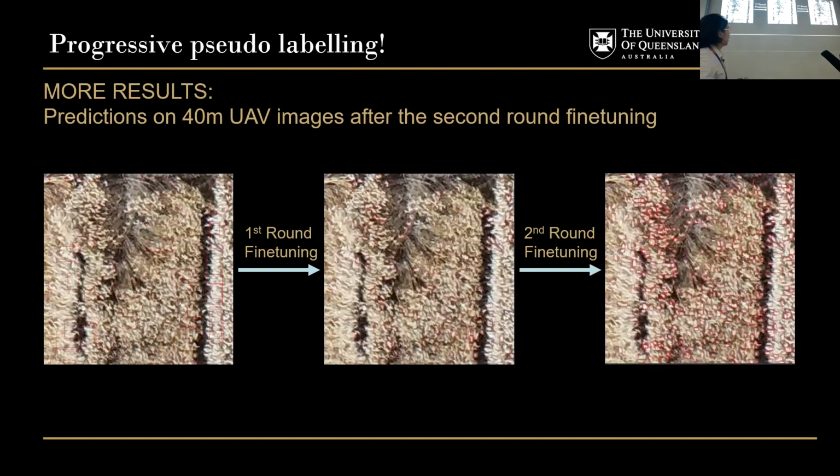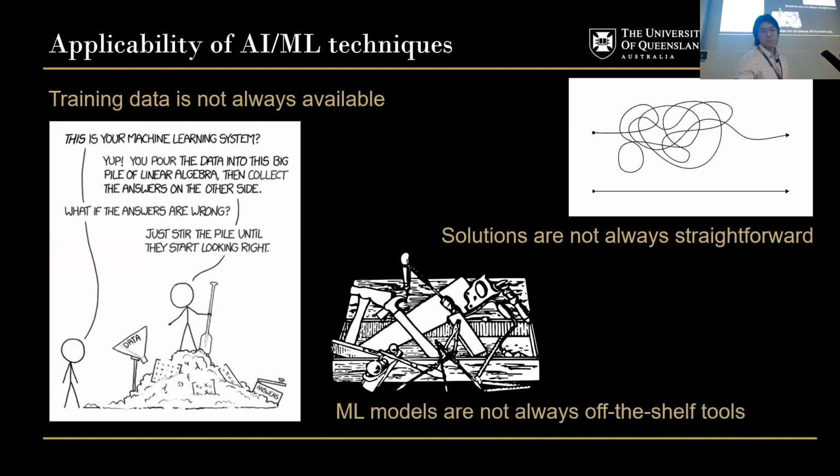We can also observe some improvement on the 40-meter high UAV images. At the beginning, there are just very huge bounding boxes and it's not accurate enough. After the first round of fine-tuning, we can already locate some wheat heads. And after the second round of fine-tuning, we get an even better model.